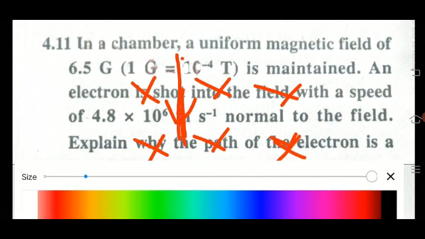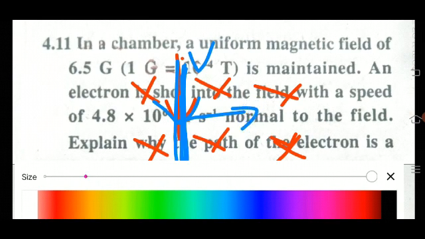What is the angle between the magnetic field and the velocity v? That is 90 degrees. According to the right hand screw rule, the force will be normal to this plane, normal to these two vectors, that is v as well as B.